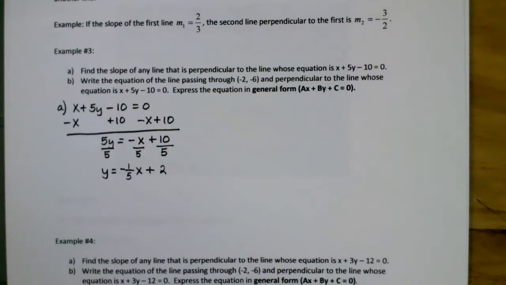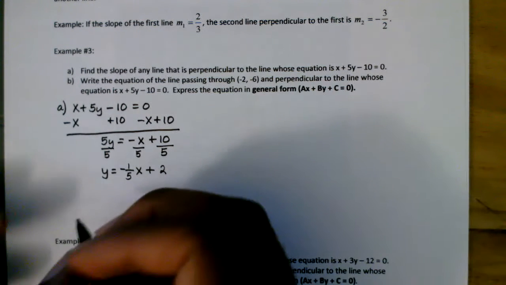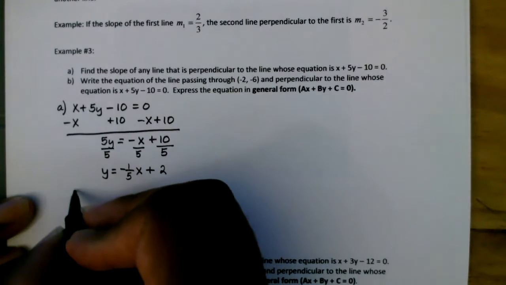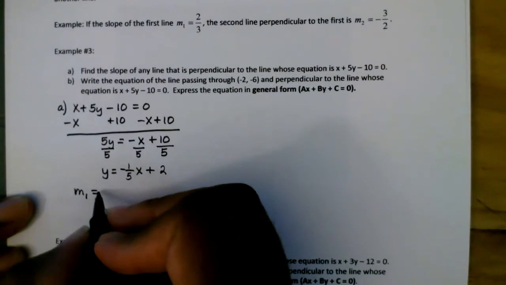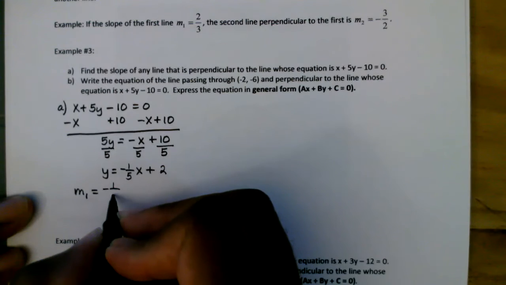So that's the equation in slope-intercept form. y equals negative 1/5 x plus 2. And the reason why I had to get the y by itself is because I want the equation in slope-intercept form. That way I can identify the slope. So here the slope of this first equation is the coefficient of the x term, negative 1/5.